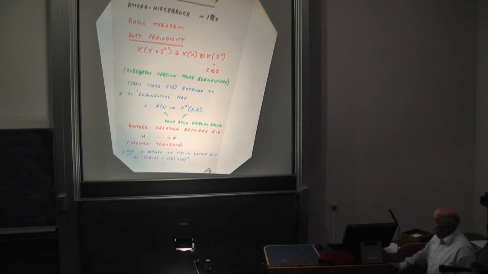A virtual vector bundle is a formal difference of two bundles E and F. And you define the total Chern class of this, a polynomial, as the product C(E) times the inverse polynomial or power series of C(F). Then that formally extends it to K-theory. So the K-theory class goes into even cohomology with integer coefficients, and that is the Chern class defined on K-theory.